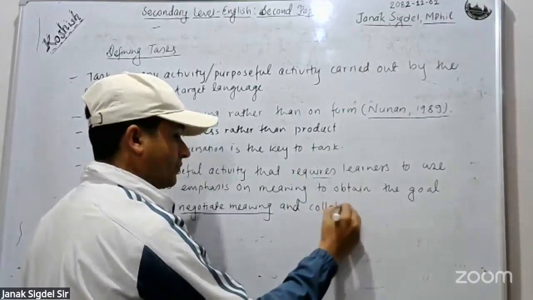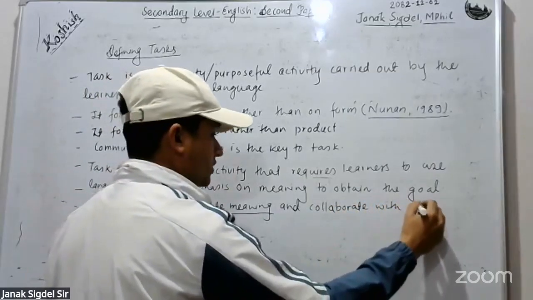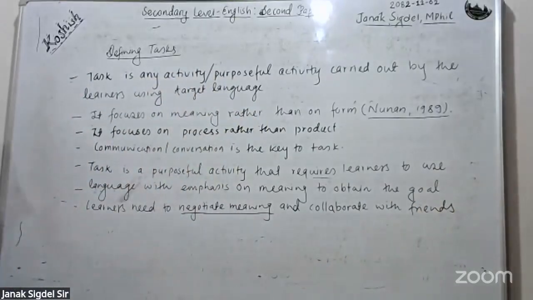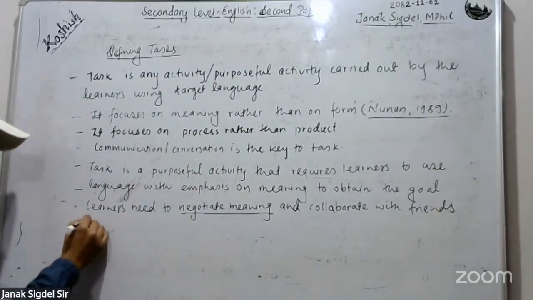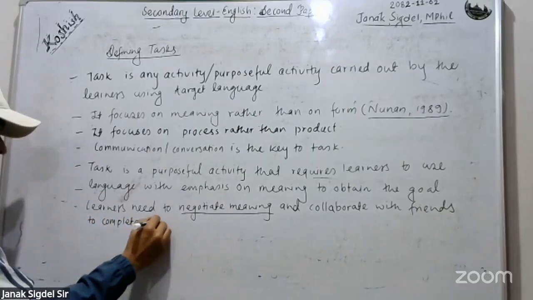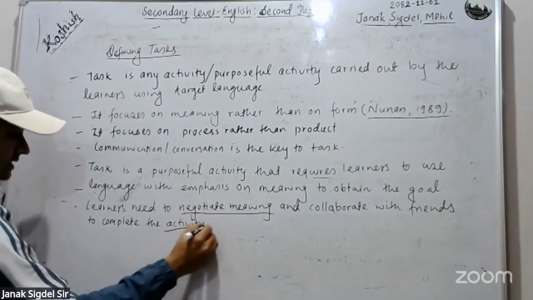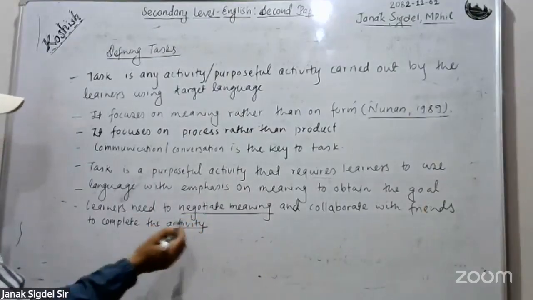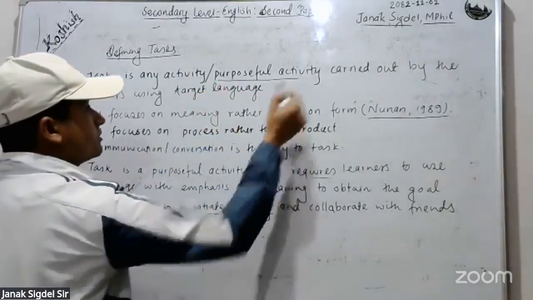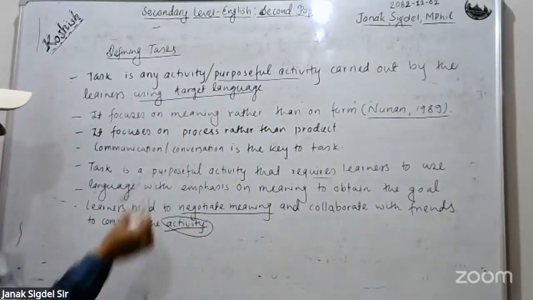Collaborate with their friends, with their colleagues, you can say, right? With their friends, to complete the activity. So this activity is simply a task. Task is activity. Remember, task is activity, but it should be purposeful, right? It should be purposeful. So it should use the target language in completing it, okay?